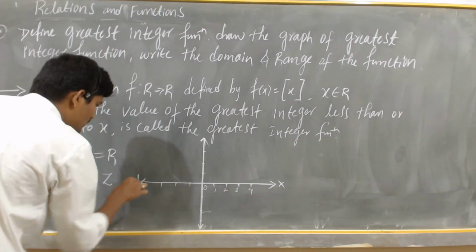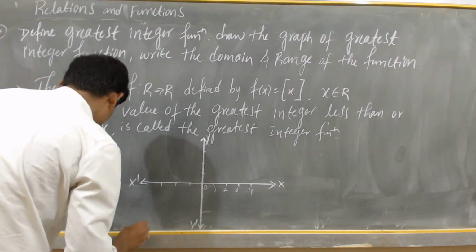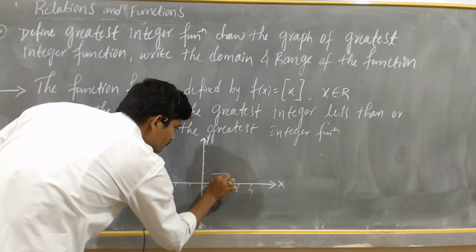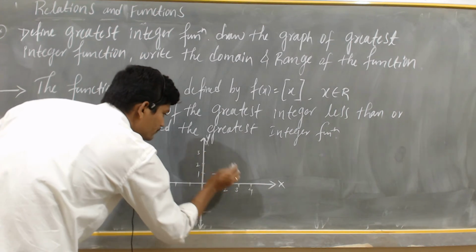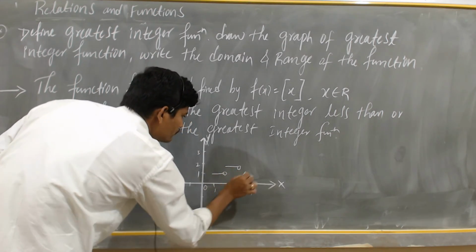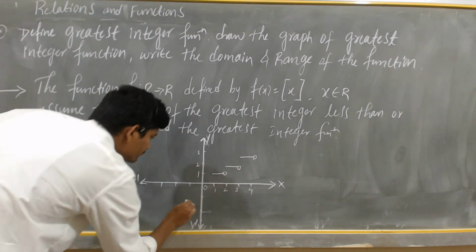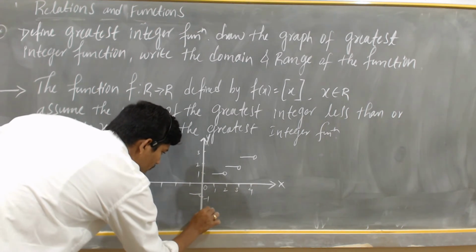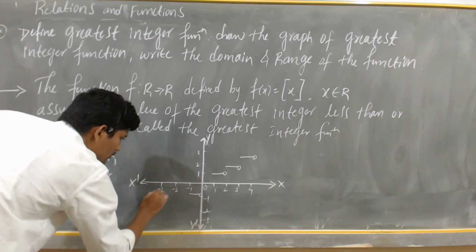This is x dash, y dash. Now here the terms will come: here 1, 2, 3, and minus 1, minus 2, minus 3.